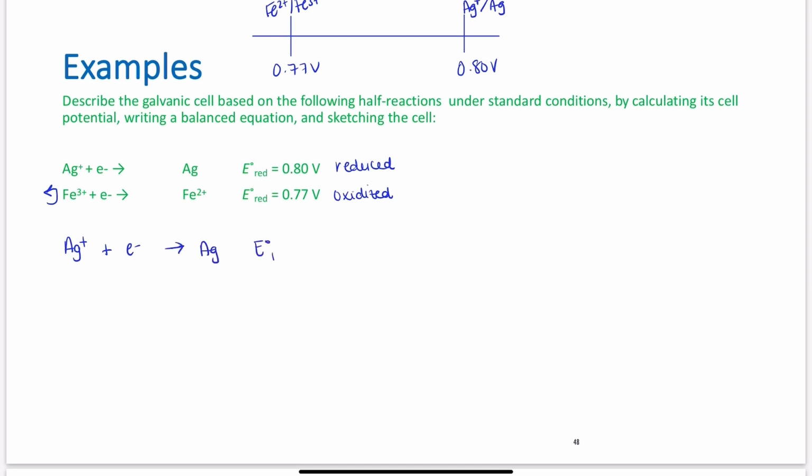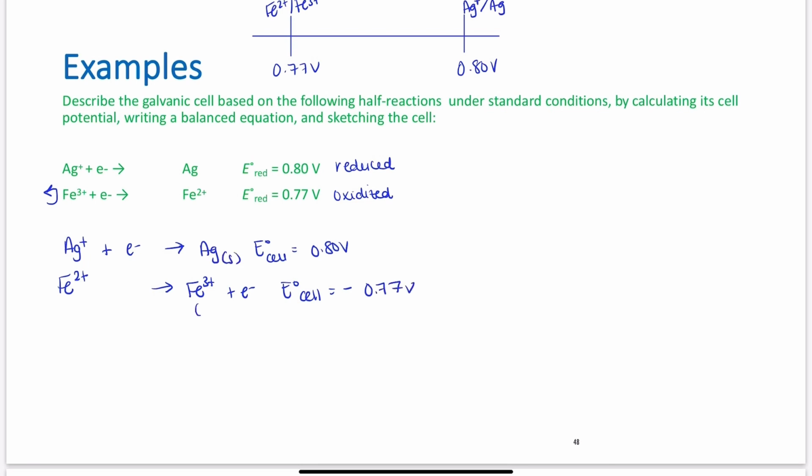My cell potential will stay the same, 0.80 volts. This will be added to Fe2 plus, going to Fe3 plus and an electron, and the cell potential is flipped around, so I find negative 0.77 volts.